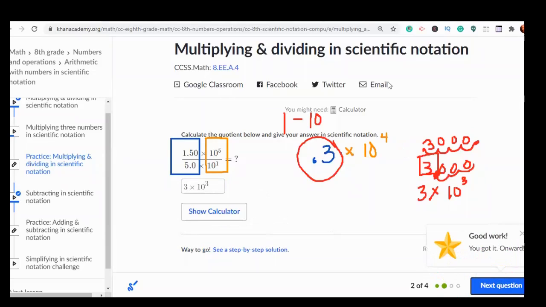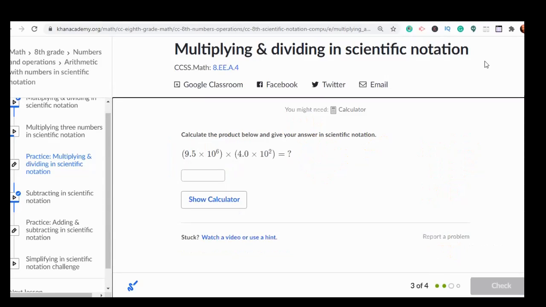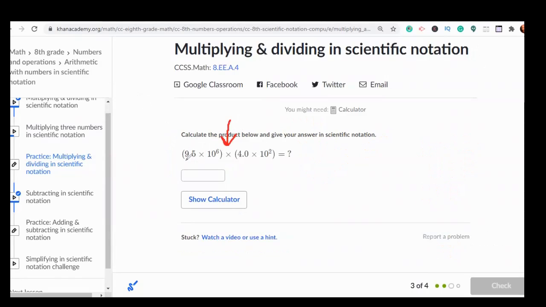Okay, let's do a few more. So once again, let's start with the regular numbers. We do notice that this is a multiplication problem, so we can multiply in any order. I choose to multiply my regular numbers first. So 9.5 times 4.0, I'm going to do first.